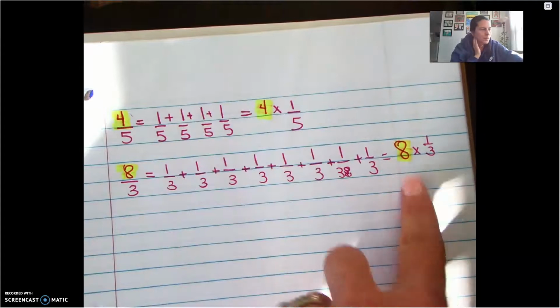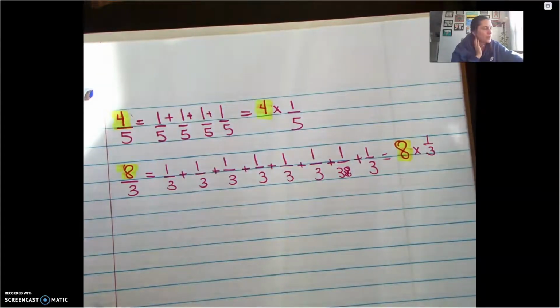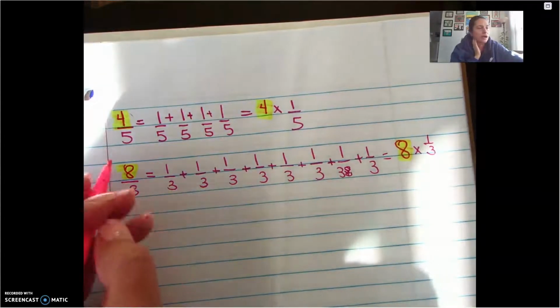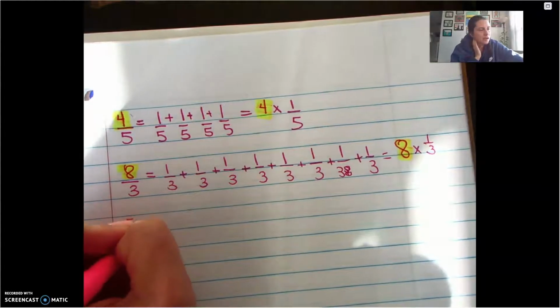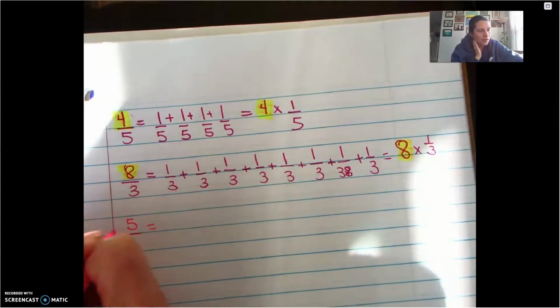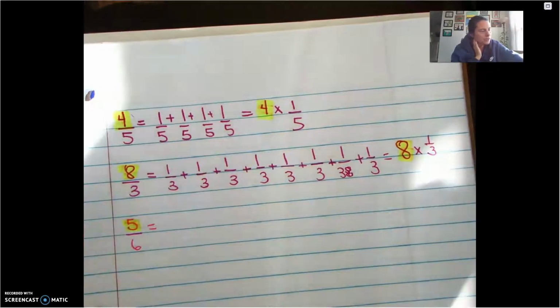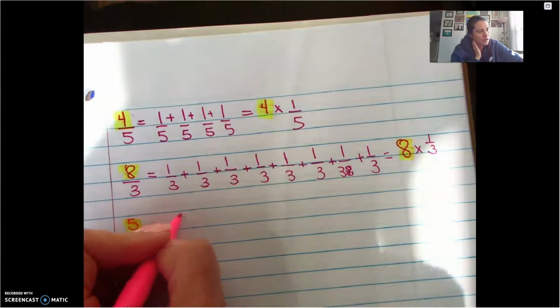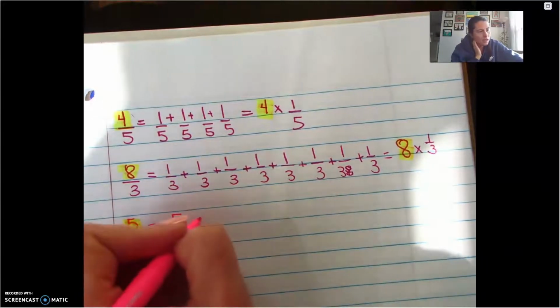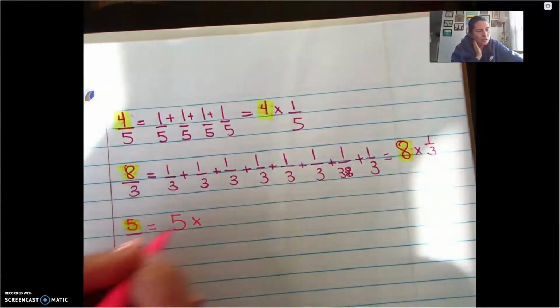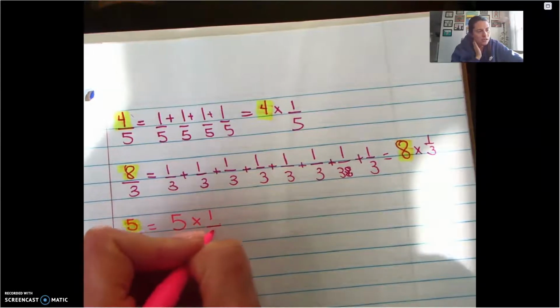Do you see that? So if we were following that pattern and we had 5/6, that means that this is how many groups, so it's my 5, and my unit fraction is going to be 1/6.